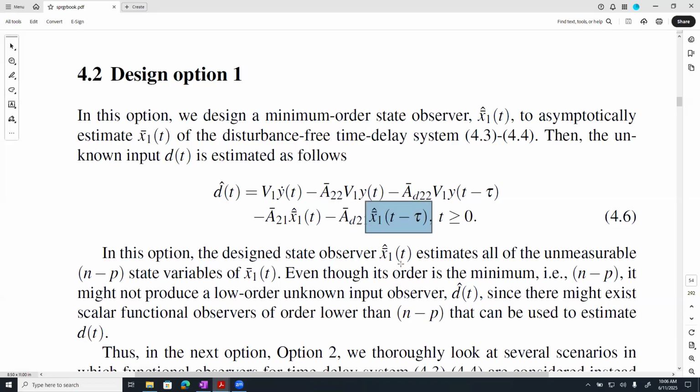However, an observer exists where we can estimate that delayed stack vector directly. So you see the significance of having a method where we can realize it directly is a better way of doing it.